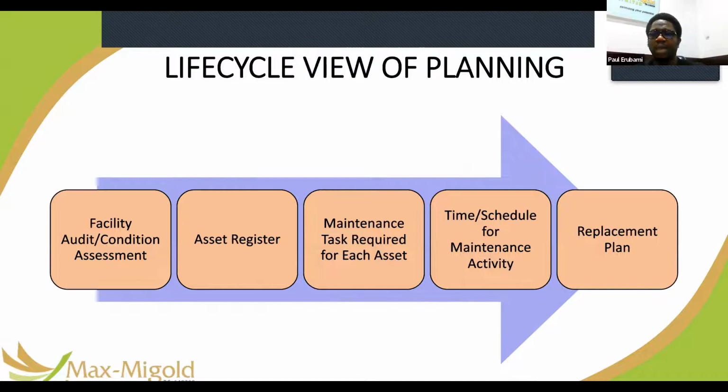We also expect that the assets will serve us for their useful life, because we often get that erroneous expectation. Sometimes it's just being ahead of ourselves when we expect that if you maintain very well, the assets will never die. Every asset will die, no matter how well you maintain them.